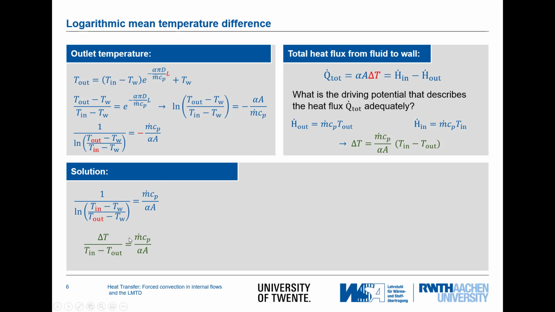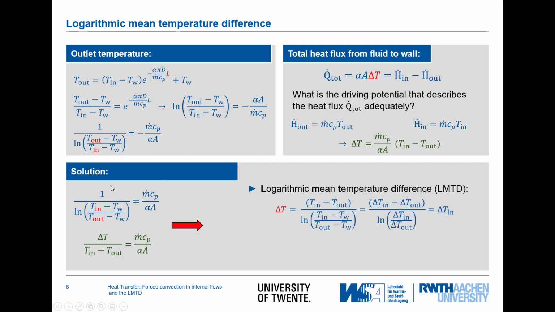And on the other side, we have delta T divided by T in minus T out. Combining these equations will give us an explicit expression for the delta T, and this we call the logarithmic mean temperature difference, because we have here a temperature difference and also this logarithmic temperature difference.